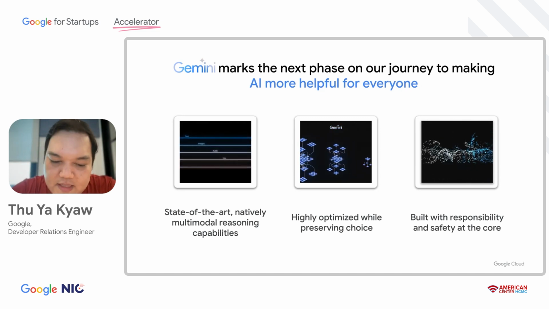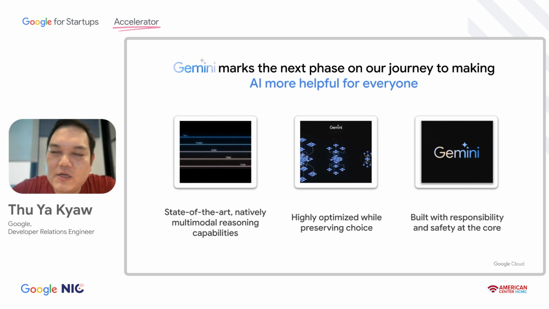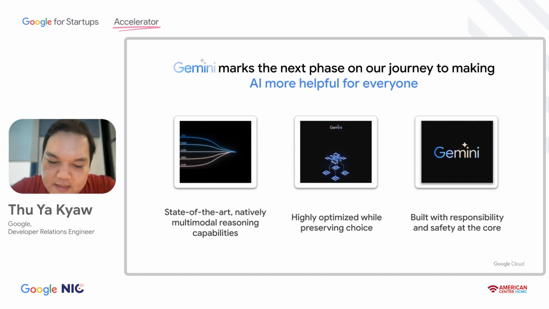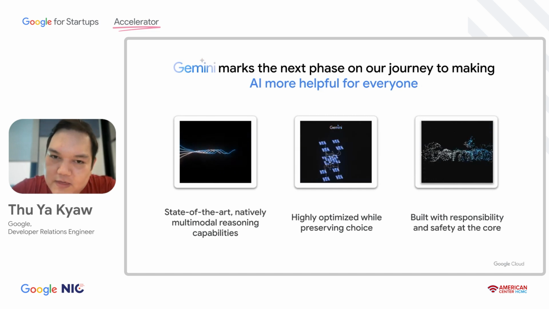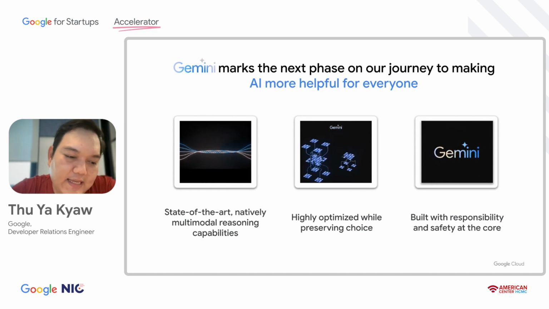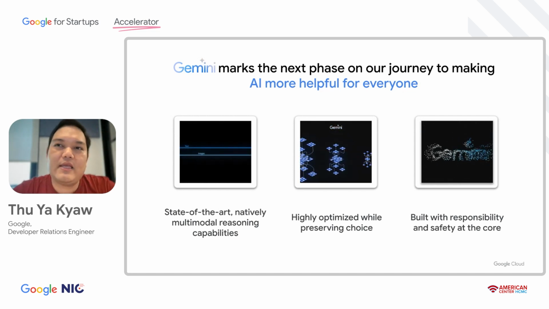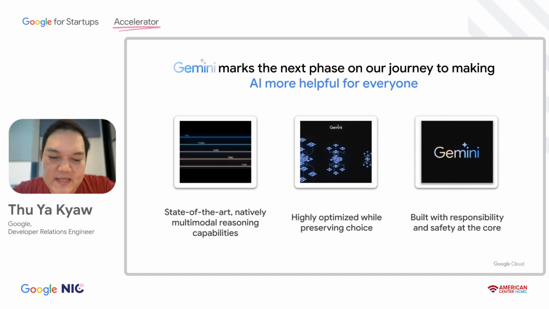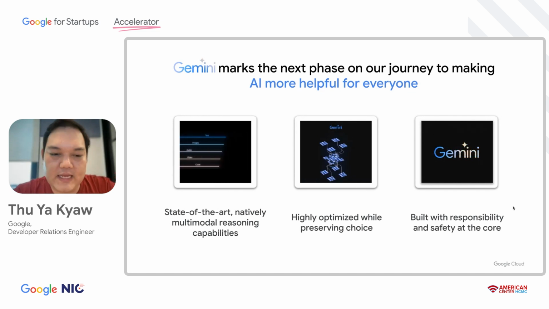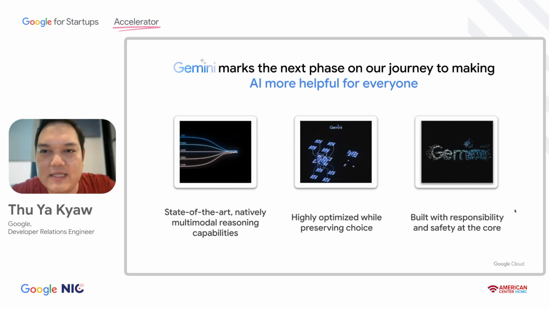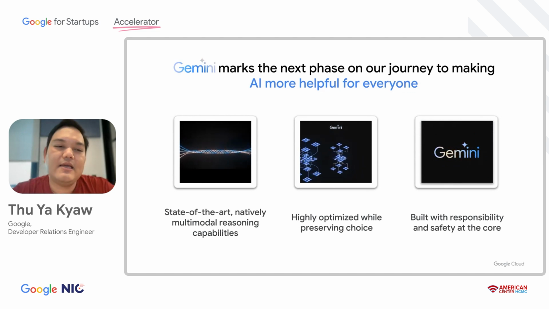What does it mean? Before the era of Gemini, there were only large language models that could only take in text and output text. So if you wanted to do anything related, you had to convert things into text, and then the model could output text.